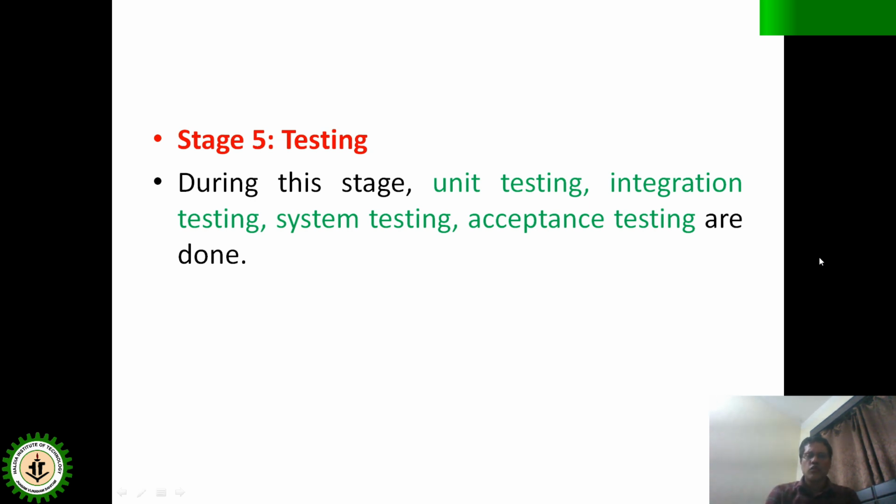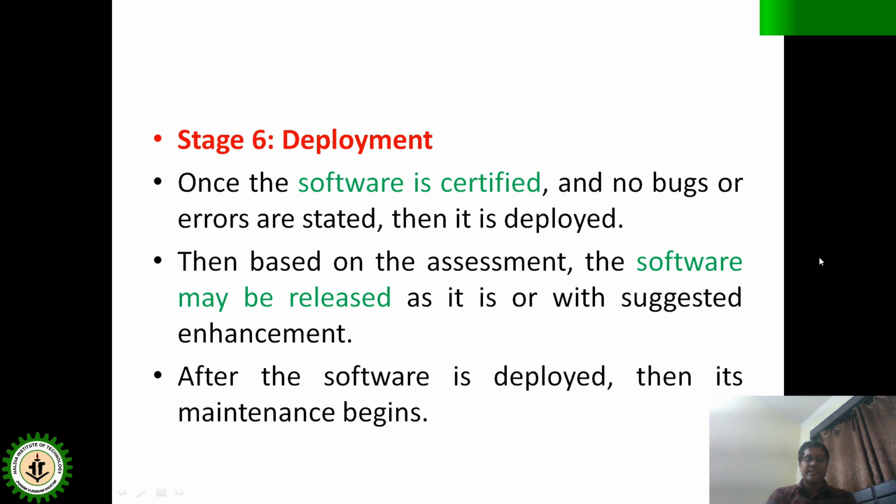Once the software is tested and no bugs are found, or the software is completely errorless, then the software is certified, and then the software may be released. When the software needs to be released, the project manager with his team members may go to the client side, install the software and show how the software is running.